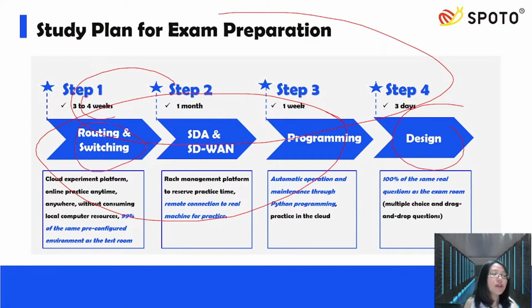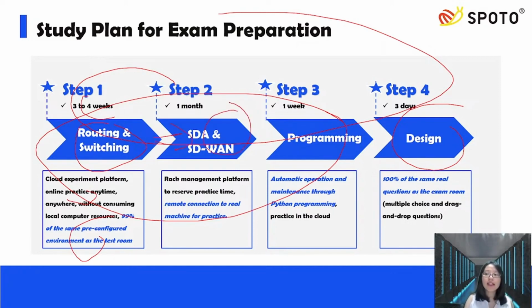The learning cycle is 3 to 4 weeks. No need to consume your local computer. Practice anytime, anywhere. If you have completed the first stage, we will check your quality, and if you meet test standards, you can enter the second stage, SDN.